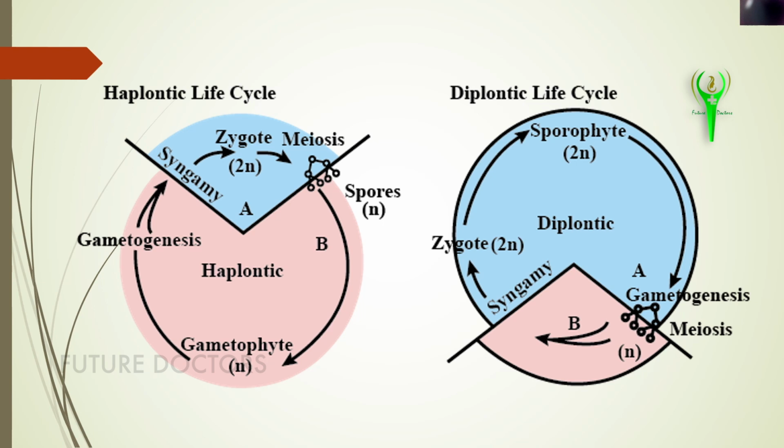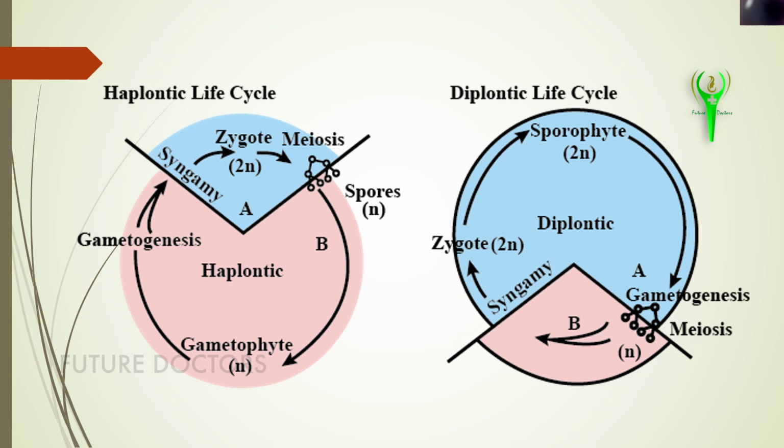The haplontic life cycle refers to a type of life cycle with a dominant haploid stage, where the zygote is the only diploid cell. It divides meiotically to give rise to a brand new plant.